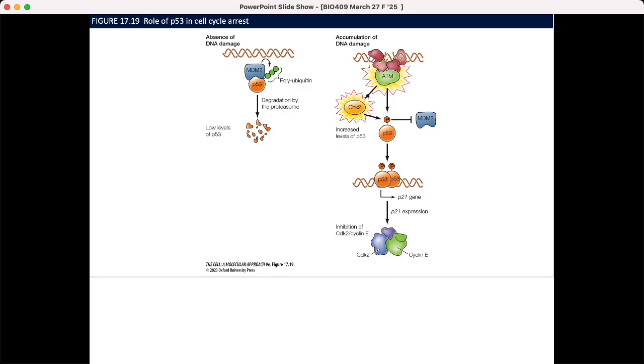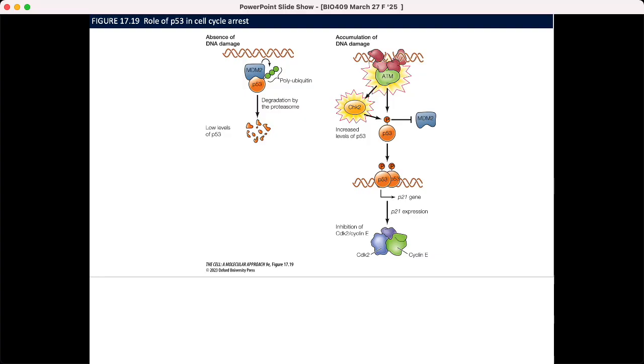So here's the last part of it, and that is, as the DNA damage is being repaired and the cell is waiting, this Chk2 just keeps phosphorylating p53 on more and more sites. So initially, it just phosphorylated on one site and activated it.